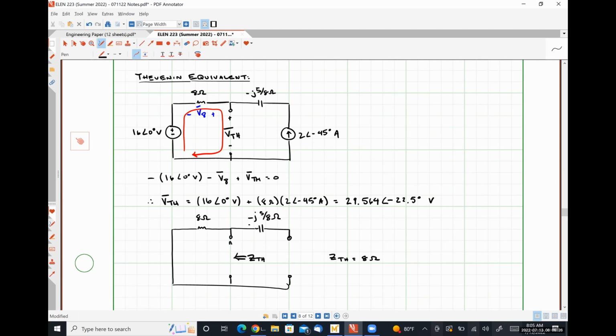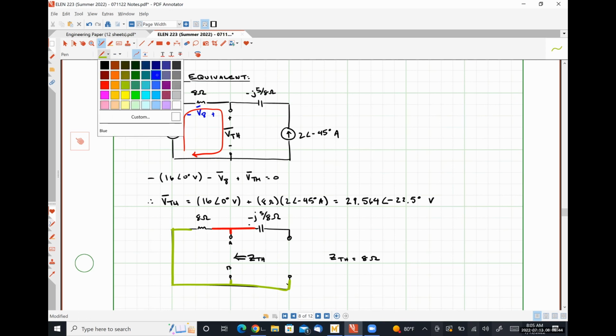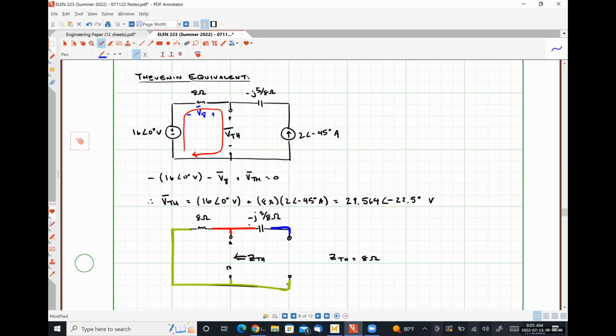Just so that we're super clear on why that is, I'm going to label these terminals A and B. I'm going to identify some nodes. So here's node A. Everything in green here is node B. And then here is another node to the right, which we could call node C for lack of a better label.